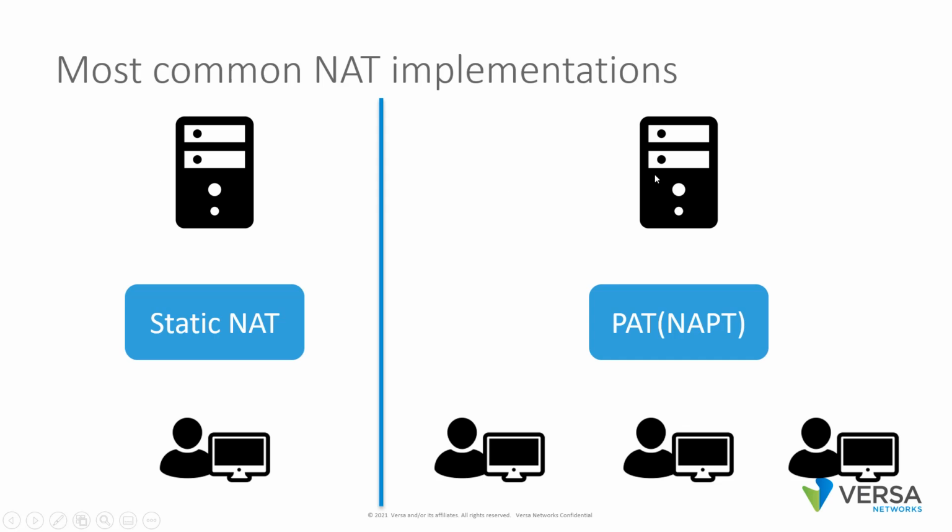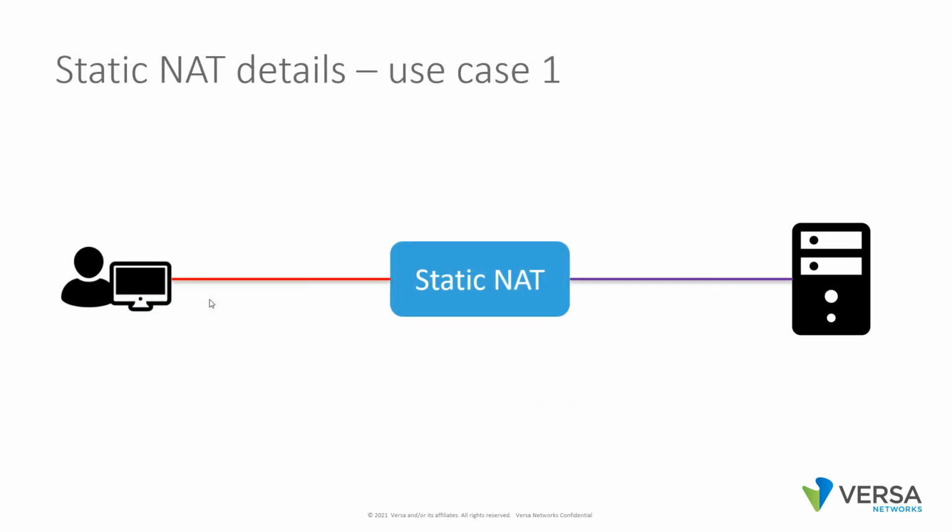The two most common use cases are the static NAT, which is very commonly used in AWS, Azure or any other cloud deployments, or the second type, port address translation, or network address port translation in Juniper terminology, where multiple devices or multiple users are behind the same public IP, behind the same NAT, trying to access internet resources. Now, let's review in detail what can be done in each of these use cases.